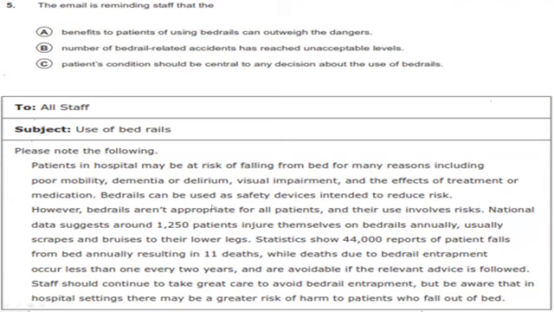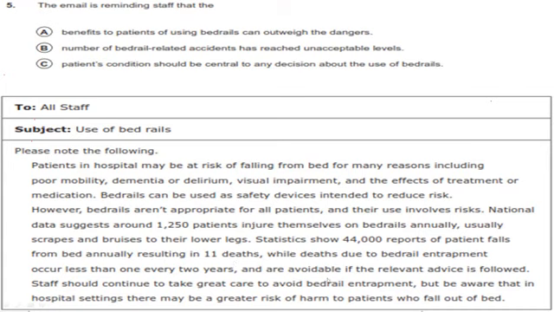And on the other hand, after that, he or she mentioned again that there is a risk of bed rail usage, bed rail entrapment. So this is a risk for bed rail usage. But he compared between the risks and the benefits of these bed rails.